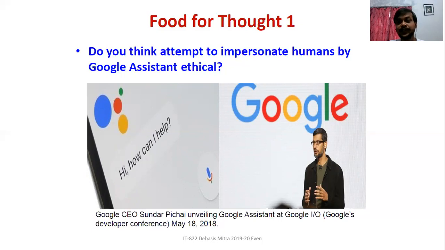But if you notice, it is impersonating humans. Now, as I've said, the person at the receiving end really doesn't know that it is not you. It is a machine talking with him or her.